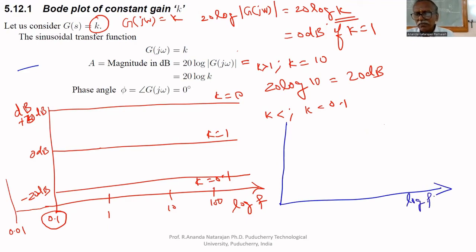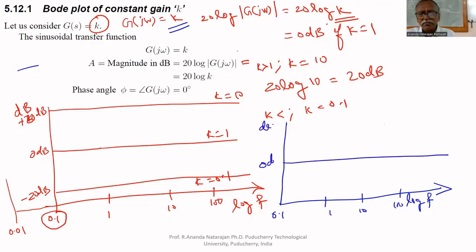Log f: 0.1, 1, 10, 100, like that; 1 hertz, 10 hertz, 100 hertz, 0.1 hertz. For the phase plot, it is only a real part, no imaginary part. That's why the angle is always 0. So the phase plot is 0 degree.